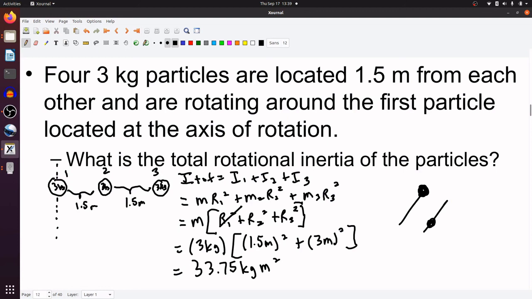Because it's further away and it's based off of that square of the distance. Some people call the rotational inertia rotational mass. It's not really a rotational mass, but you can kind of think of it that way. It is basically the inertia, or the mass that affects how it rotates, but it's not truly like that.